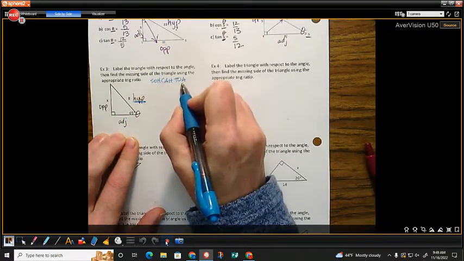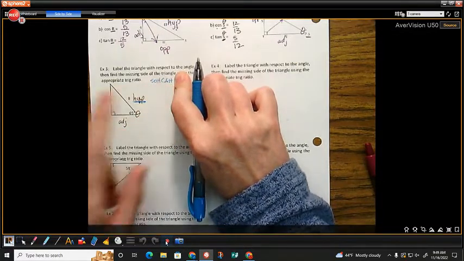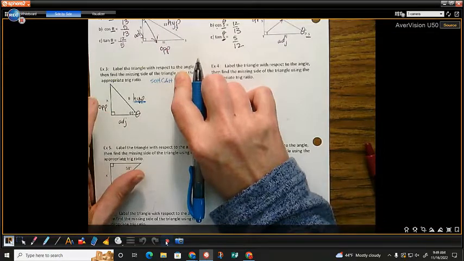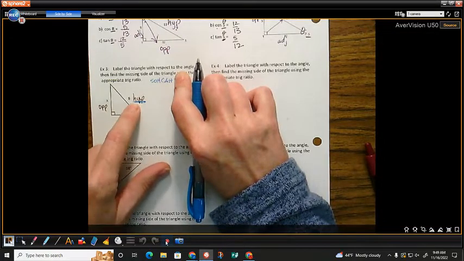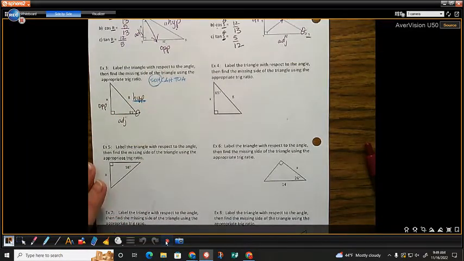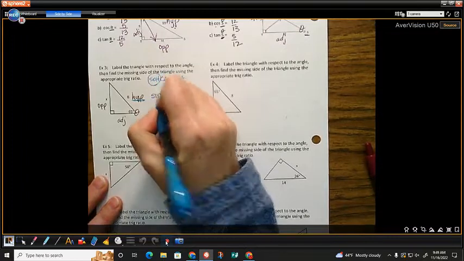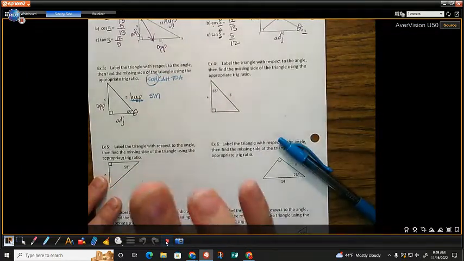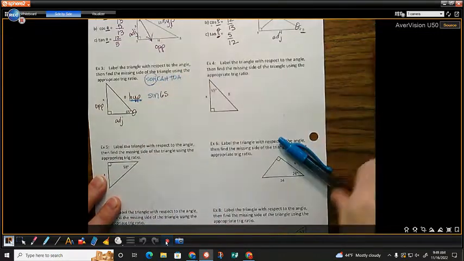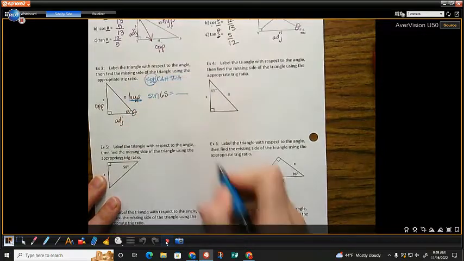No. If I'm trying to find x, that's the opposite. So I have opposite to find, and I know hypotenuse. I'm probably going to use sine. And so you set up the sine of which angle am I focused on again? The 65-degree angle. And it's always going to be my opposite over my hypotenuse.